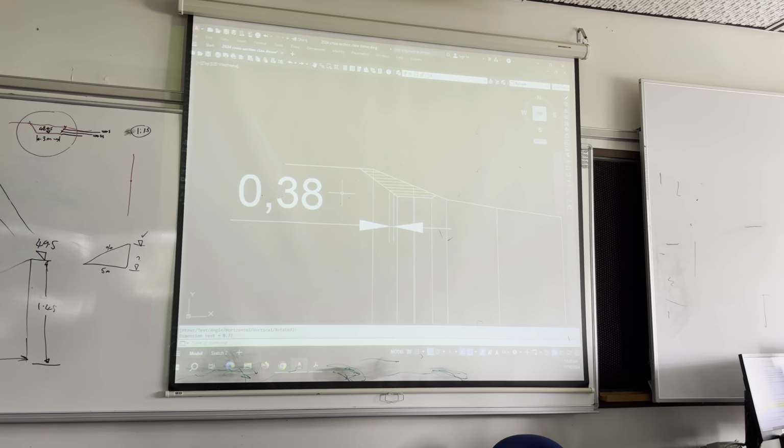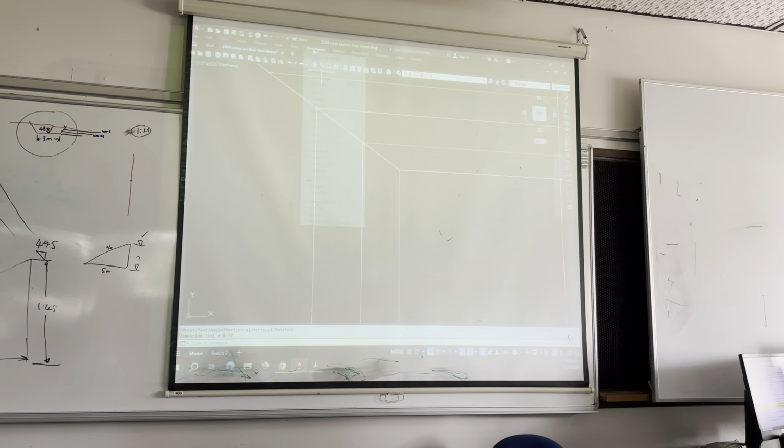So if the 1 bit is 0.25, then the longer bit becomes 0.38. So we now know that the offset is 0.38. That's going to make it easy.